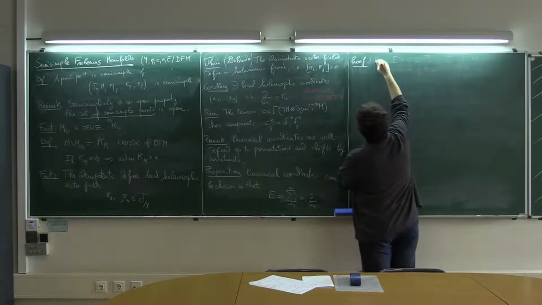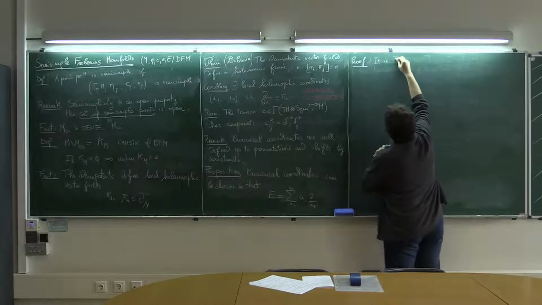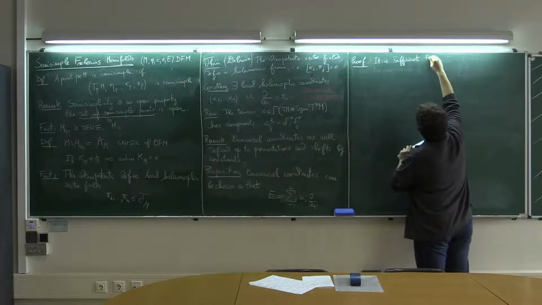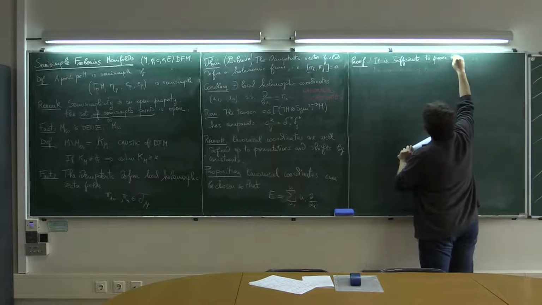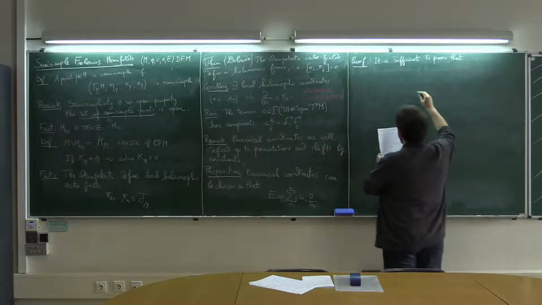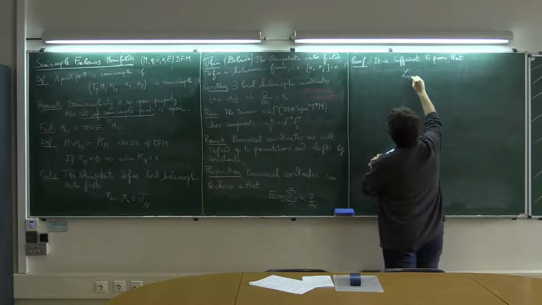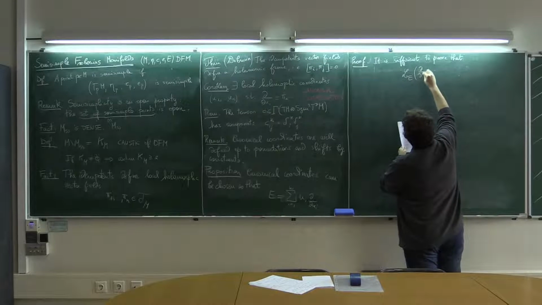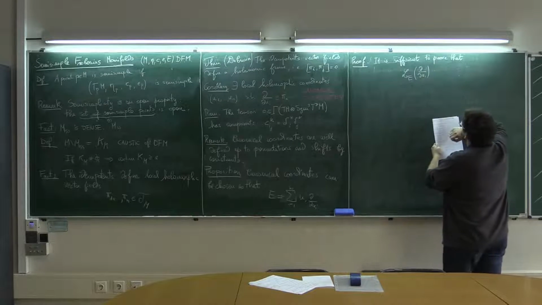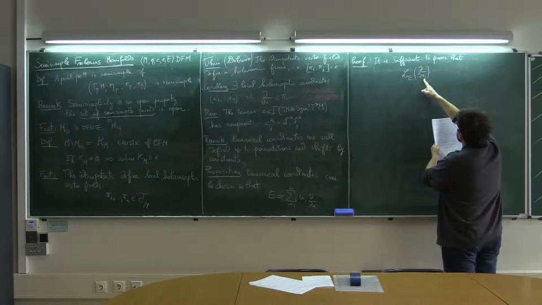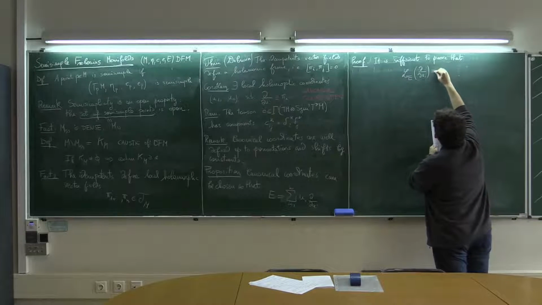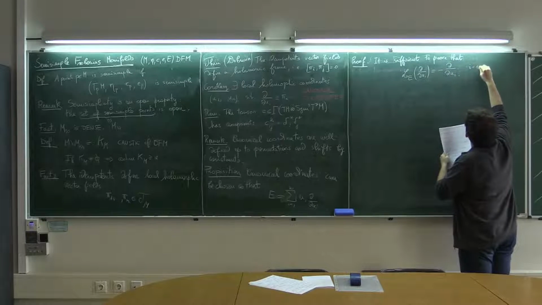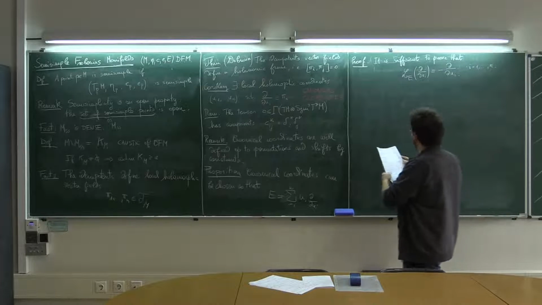I claim that it is sufficient to prove the following identity, that the Lie derivative along the Euler vector field E of the coordinate vector field ∂/∂ui equals minus the same vector field, for any i from 1 to n.